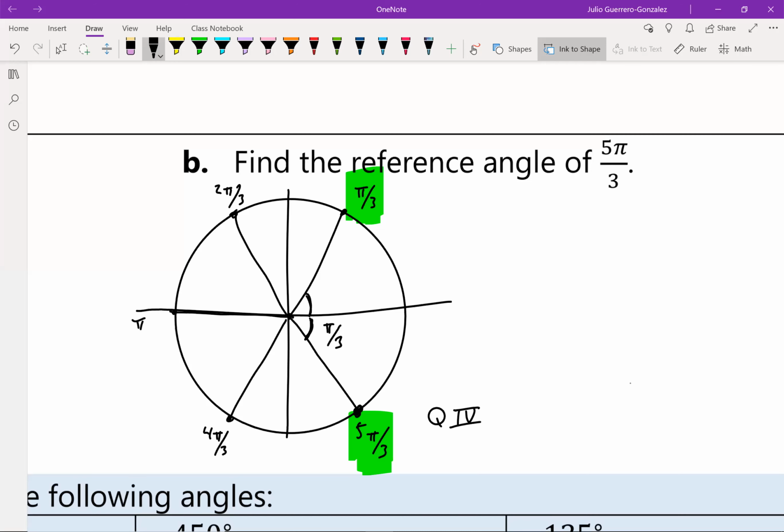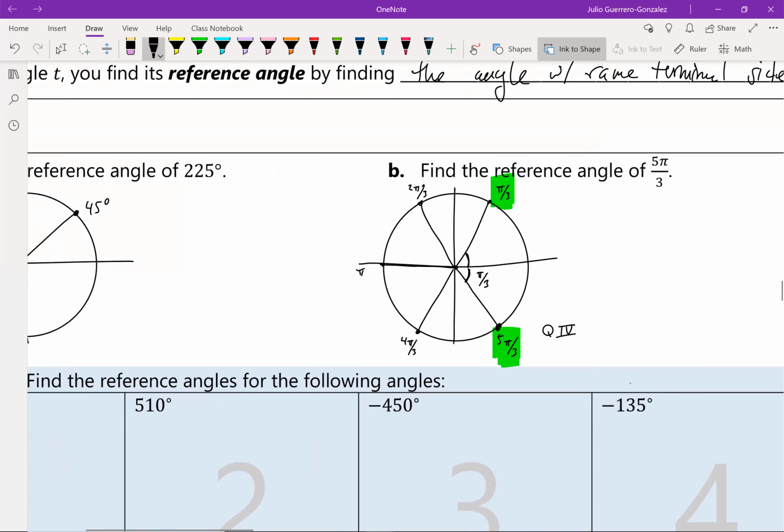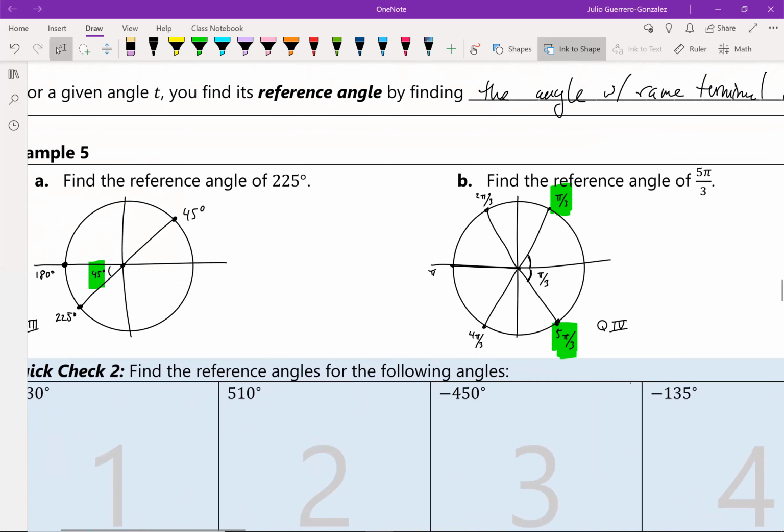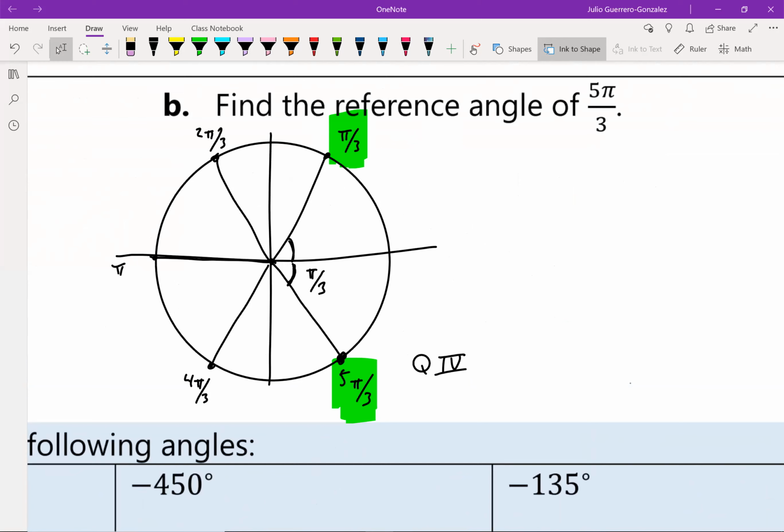Lost me there. How did you get pi over 3 right there, not on the outside but on the inside? You mean this one? Yeah.